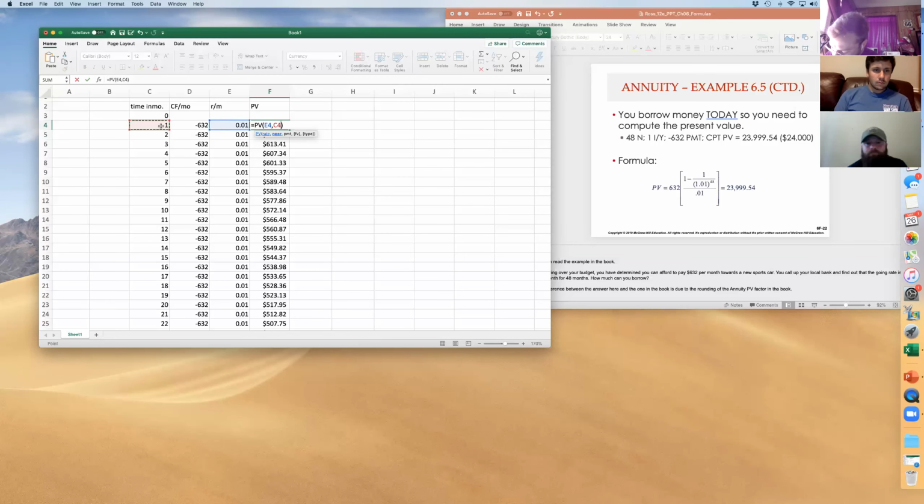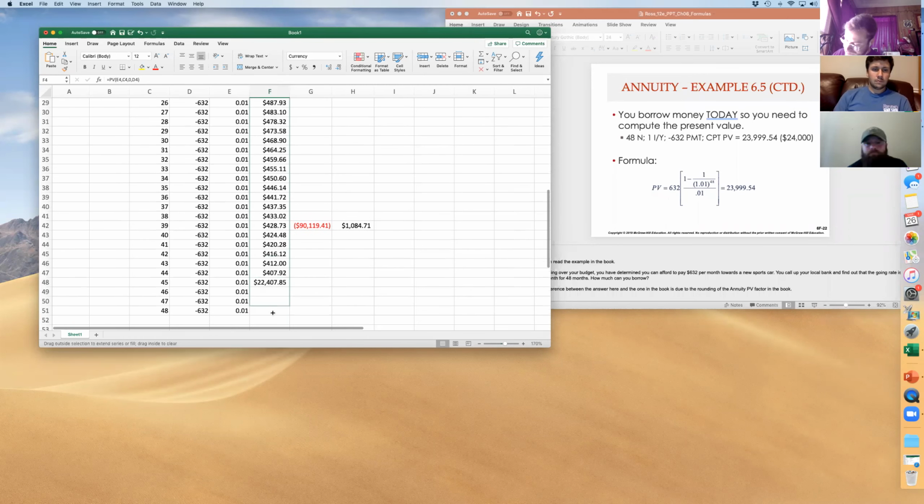And so your time period is 1. Then we're going to have no payment here. Even though we do have a payment, we're going to treat each one of these payments as a single future value lump sum. All right. And so we get our present value for each one of these payments when we copy it all the way down.